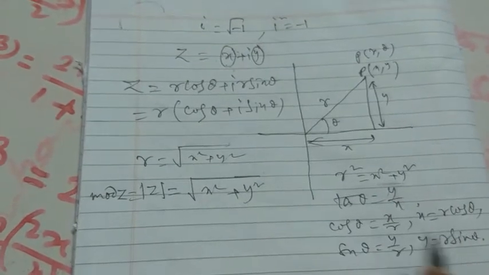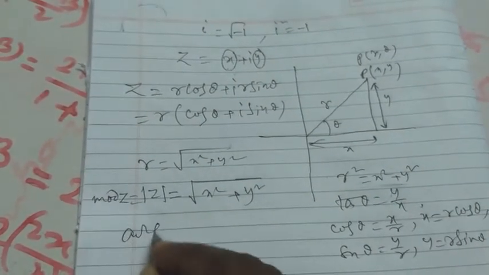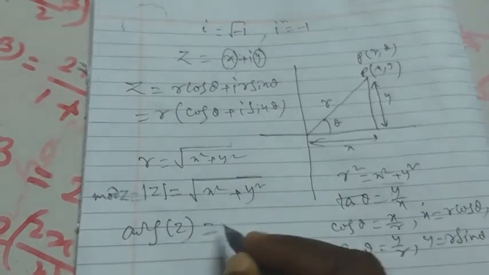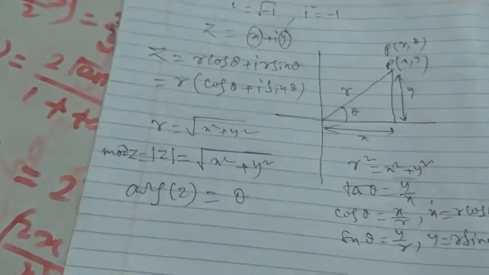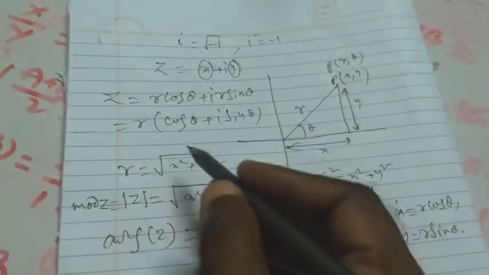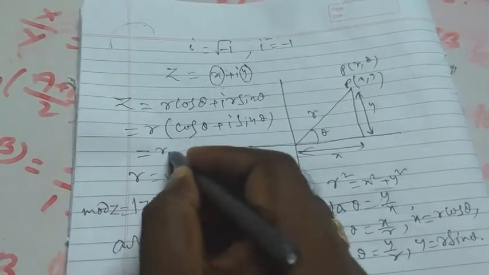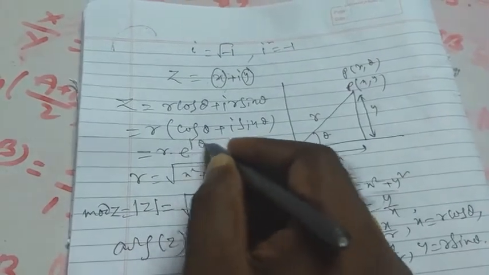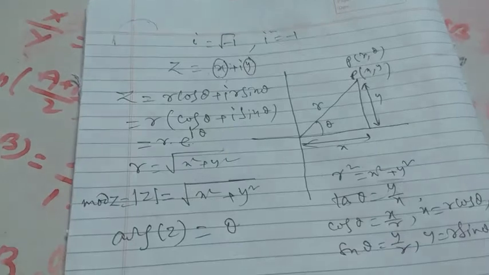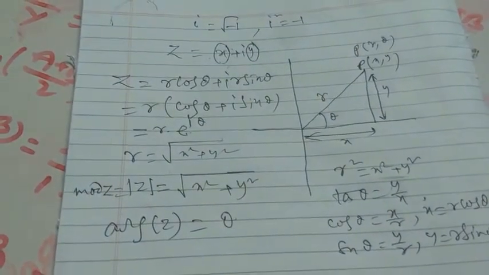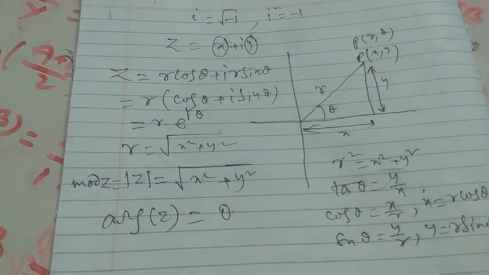And theta is called the argument of z, arg z is called theta. This is also called e to the power i theta, simply e to the i theta. This is the exponential, and these have a formula.